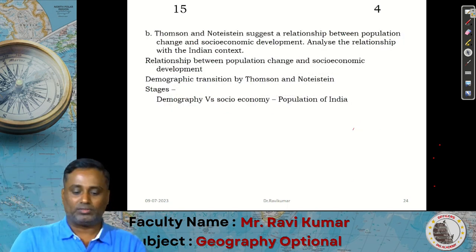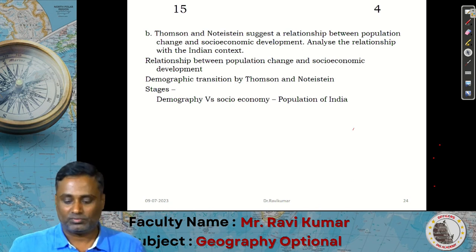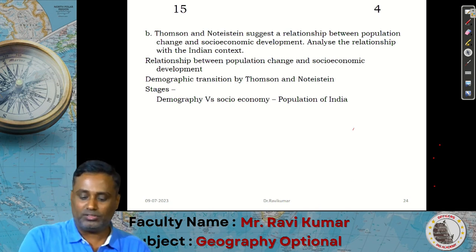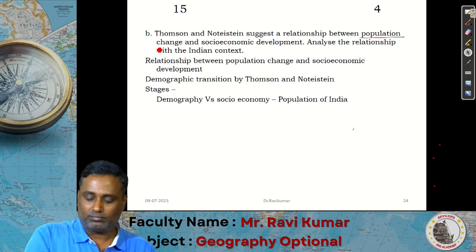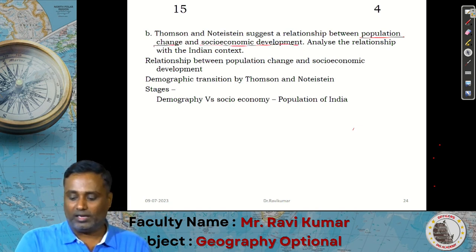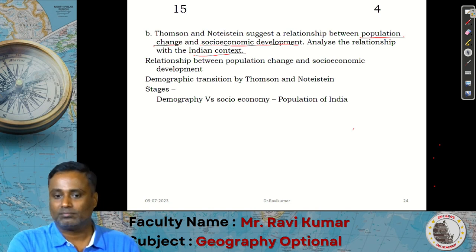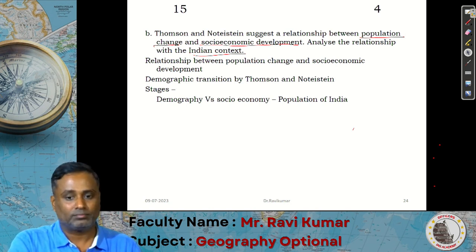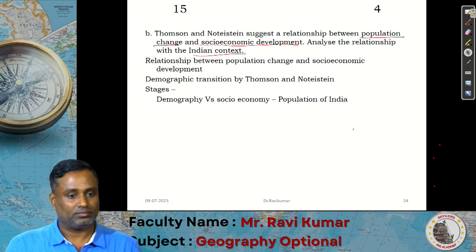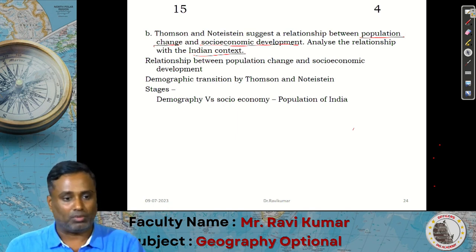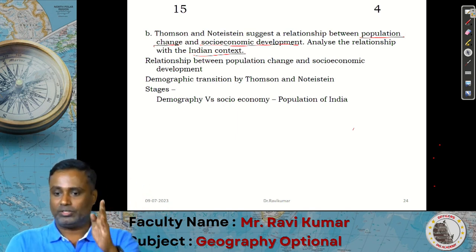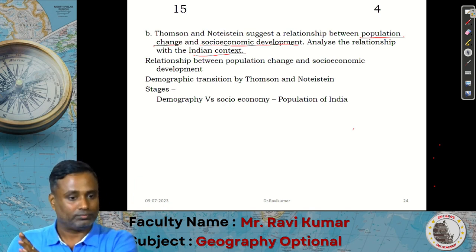Now directly we start with the Thompson notice. It suggests a relationship between population change and socio-economic development. Explain the relationship with the Indian context. Now you should give examples from India. That's the demographic transition model. Stage 1, stage 2, stage 3, stage 4.